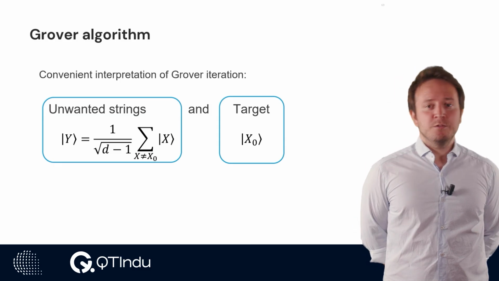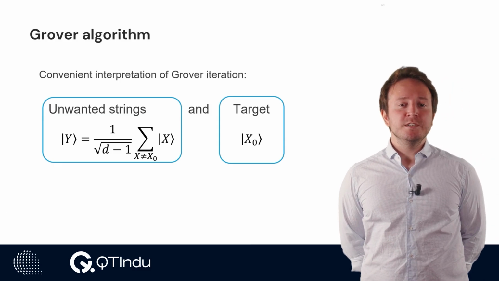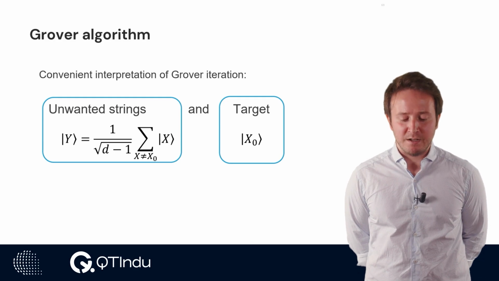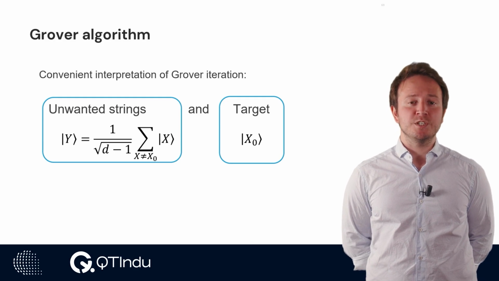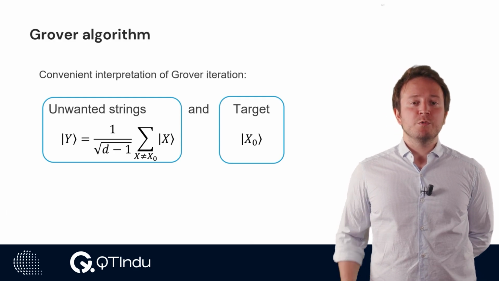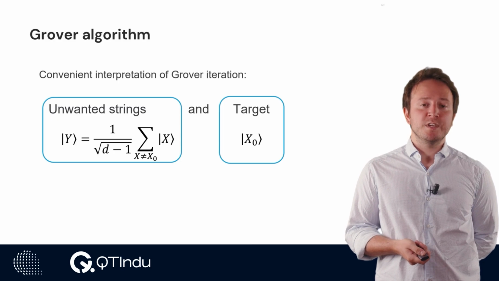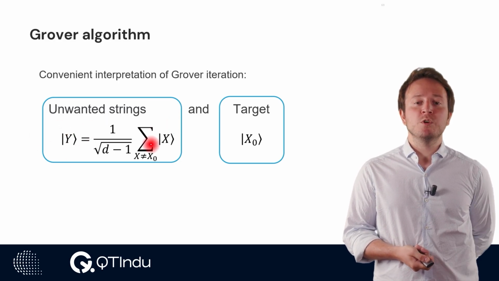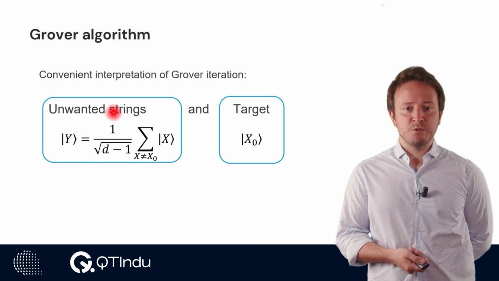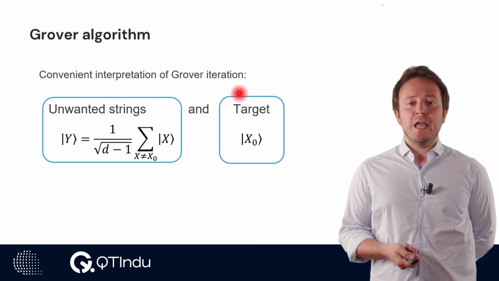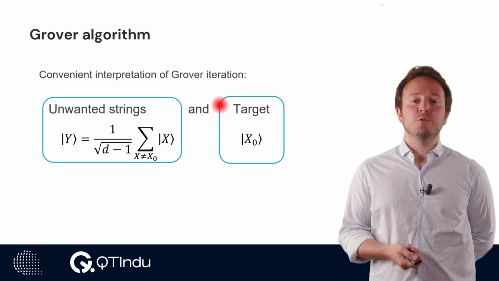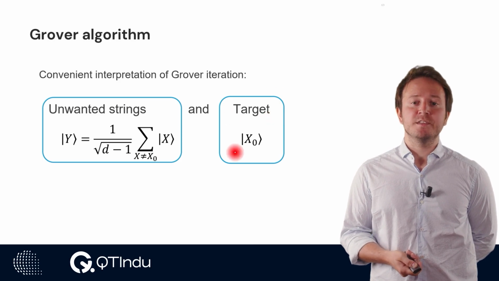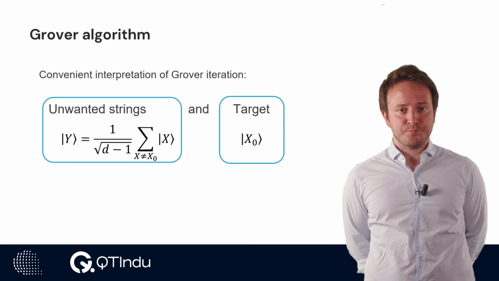Now, to interpret what just happened, it's convenient to introduce a slightly different type of notation. In particular, we will introduce a quantum state capital Y that is a sum of all the unwanted strings with a proper normalization, and we will have a separate orthonormal state that is the target state x of 0.